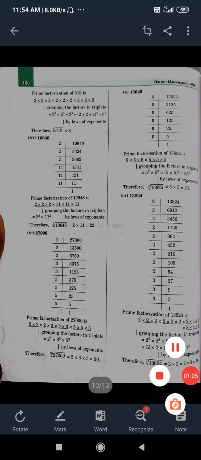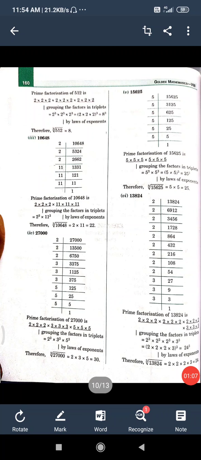Okay, now we will start 7.2 question 1, number 6. 13,824. The last digit is 4, so remember that if the last digit is 0, 2, 4, 6, 8, then it must be divided by 2.